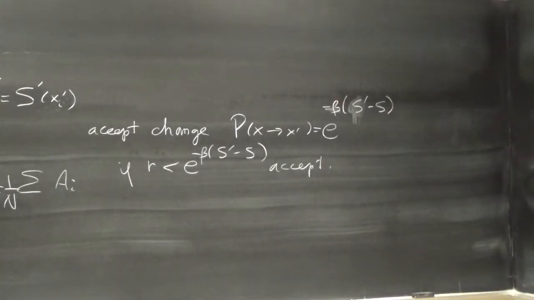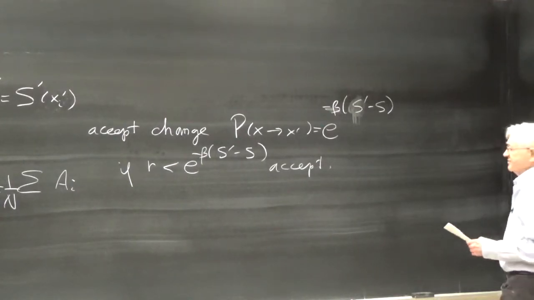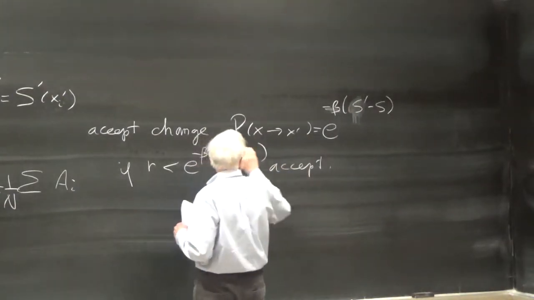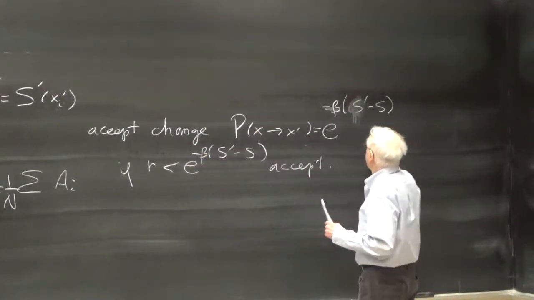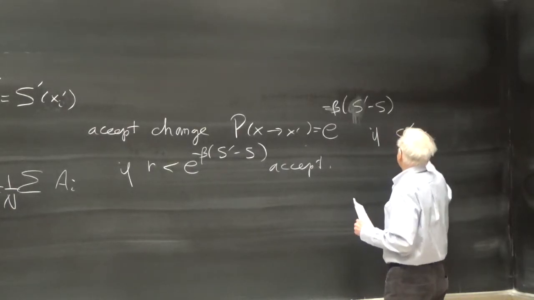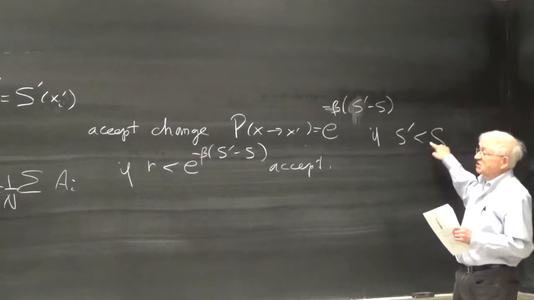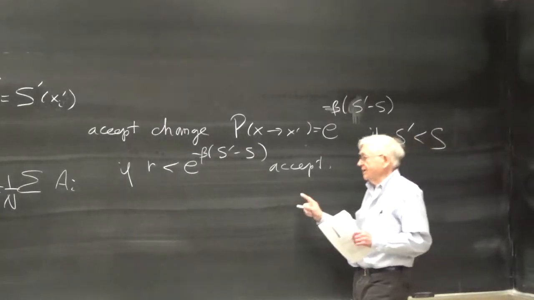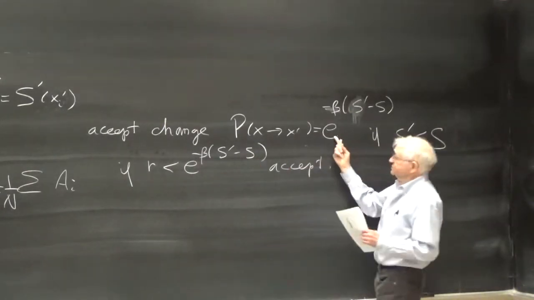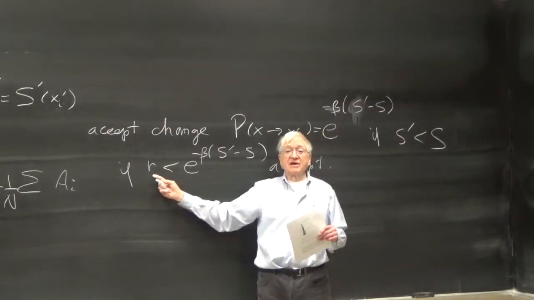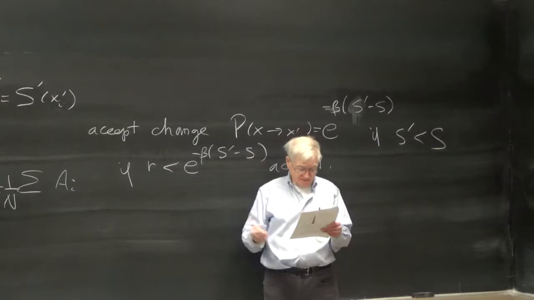Okay. Oh, I'm sorry, I left something out. You accept under two conditions. You accept the change if S prime is less than S, and if S prime is actually greater than S, then you accept with this probability, which is to say you throw another second random number, and if this is the case, you accept.